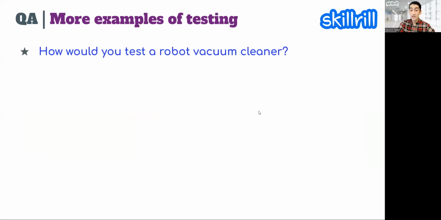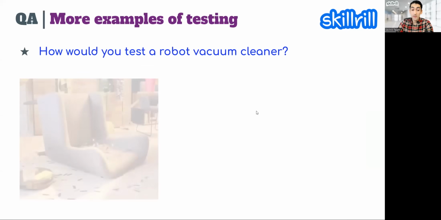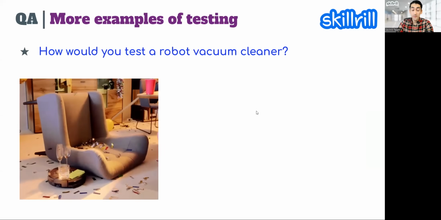So let's see some more examples of testing. And how would you test a robot vacuum cleaner? Here's another question to you. So this is probably more advanced technology than what we just saw. So let's see one example here.